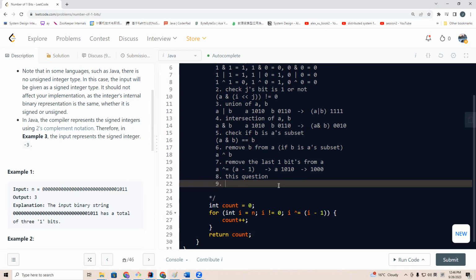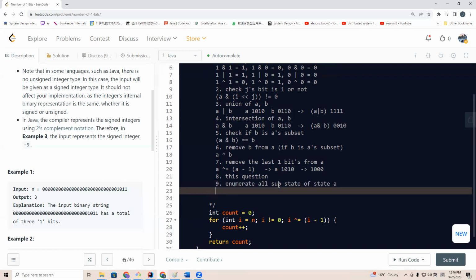The ninth thing we want to review is that for one state, we can enumerate all substates. How can we do that?